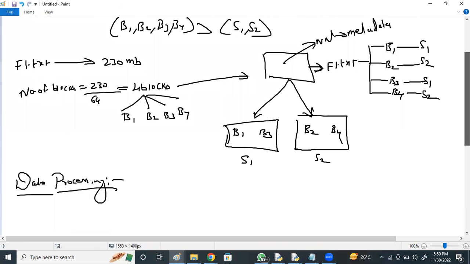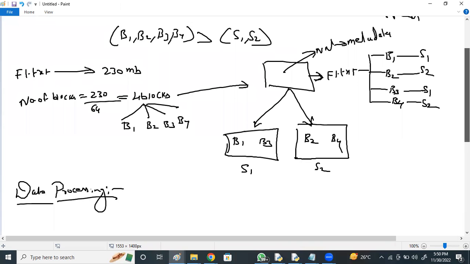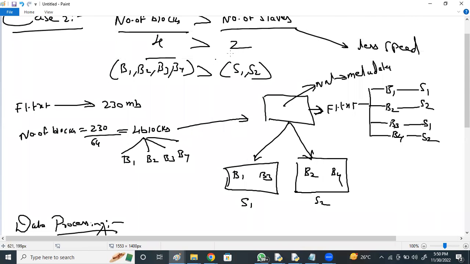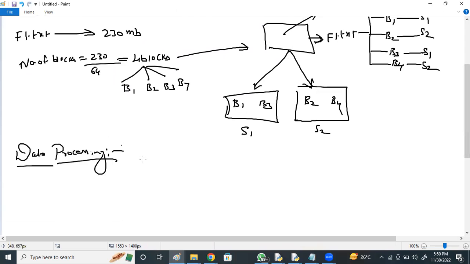Here 4 blocks are there, 2 slaves are there, right? 4 blocks stored across 2 slaves. Now data processing: a job to process f1.txt, the job is divided into tasks. The number of tasks always depends on the number of unique blocks.